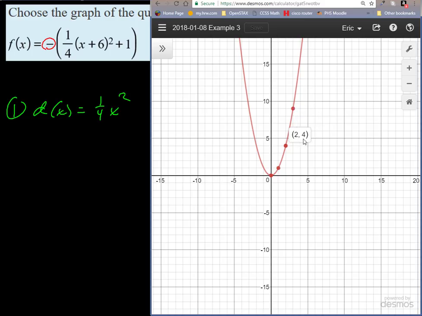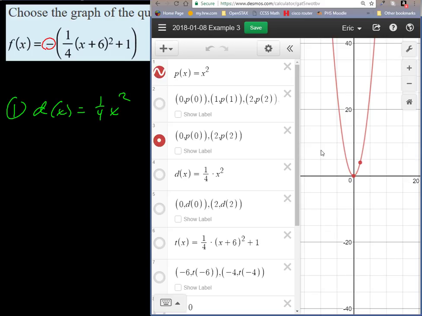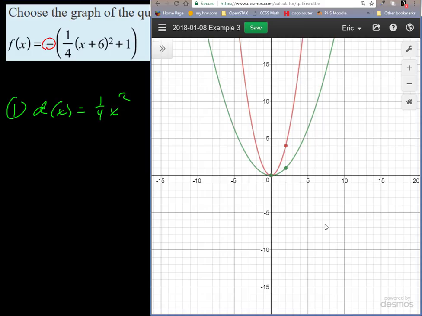So if I multiply that y value, what's 4 times 1/4? Good, 1. So when we dilate this, we're only going to use the point that's over 2 and up 4, and we end up with that. Everybody agree? Multiplying by 1/4 just squeezes that point down to there. Okay, so there's step one.